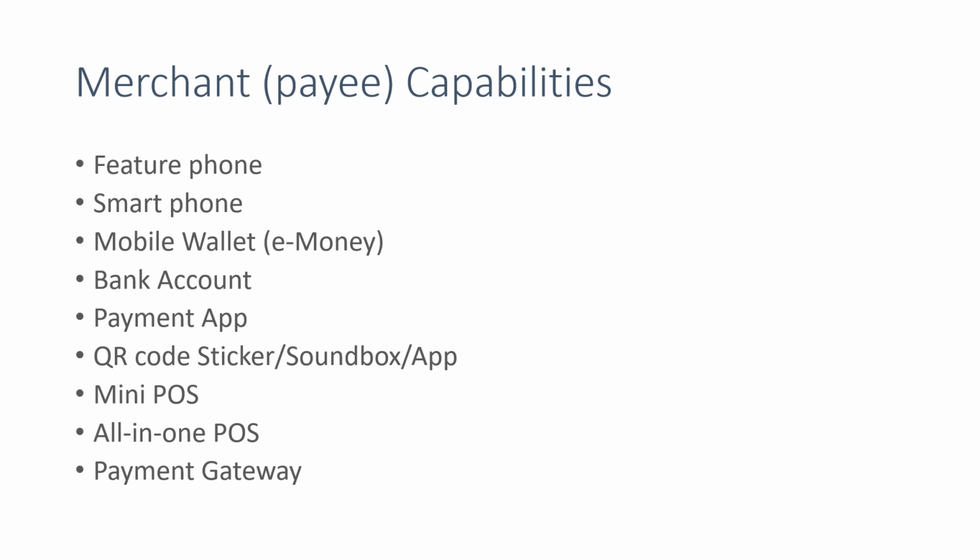Or if they get all types of customers, some paying by cash, some by cards, some by payment app with QR code, then they might go with an all-in-one point of sale machine. Now, based on the scenario, the location, the region, and the capabilities of the parties involved, the payment method or methods can be chosen.